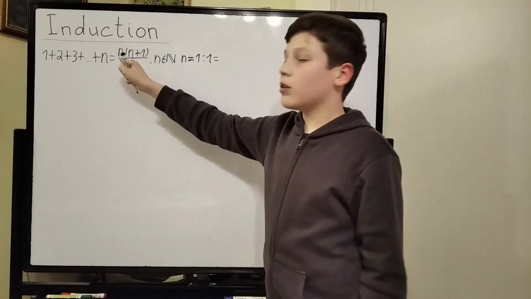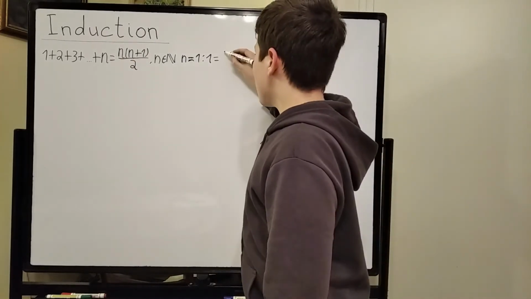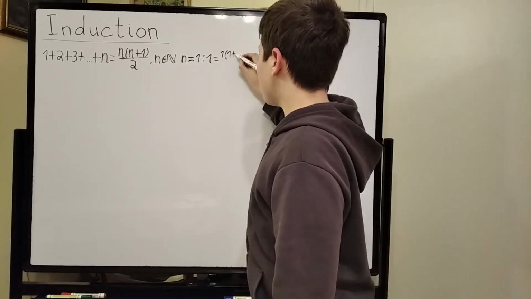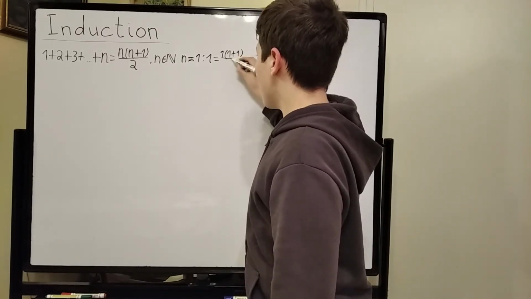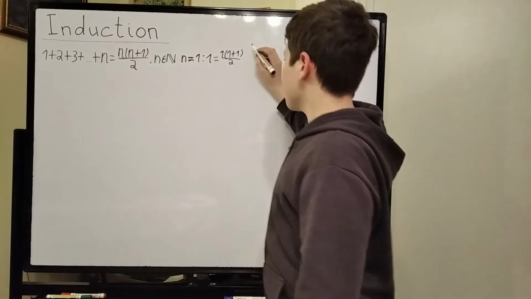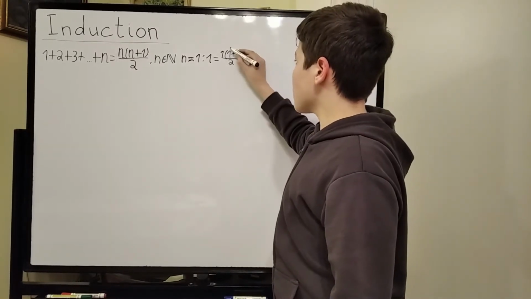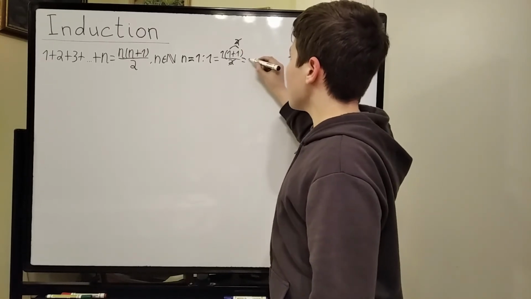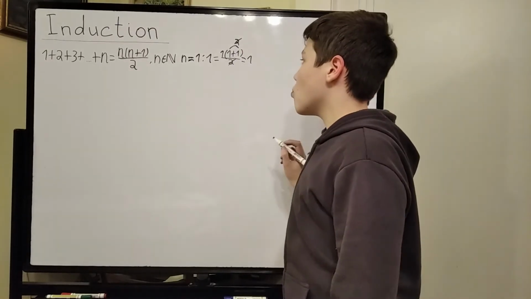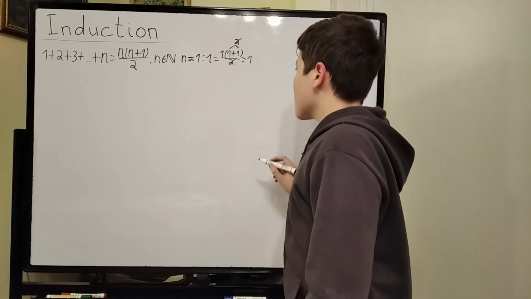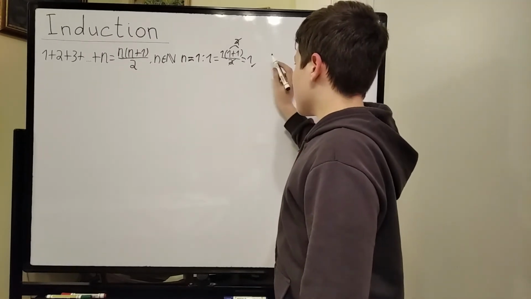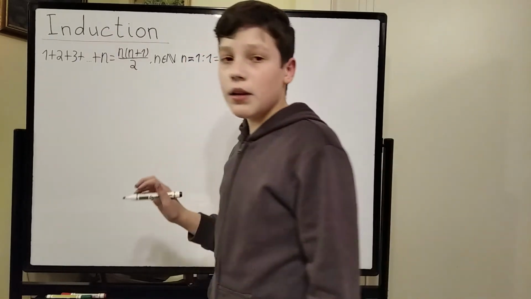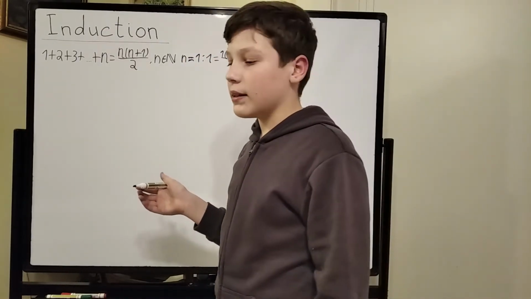And then, if we plug 1 into this, we get 1 times 1 plus 1 over 2. So, 1 plus 1, that's 2. They'll cancel with the 2 in the bottom, and we get 1. So, that's our base case. Check mark. Now, let's go on to the real induction.